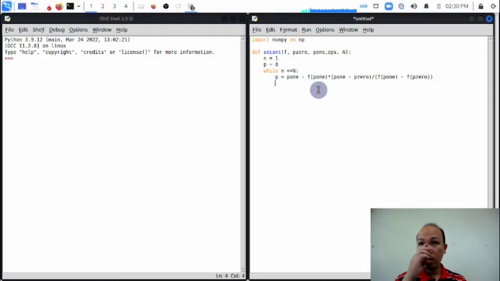And we have to put the stopping criterion.